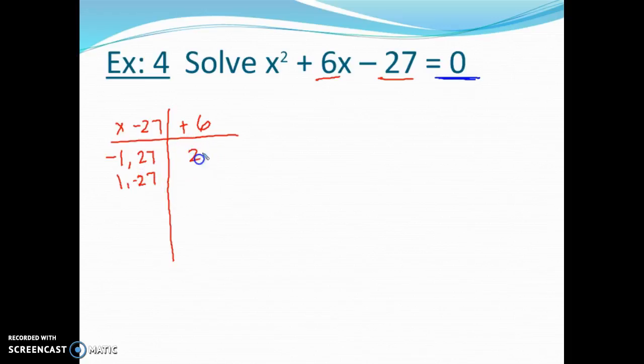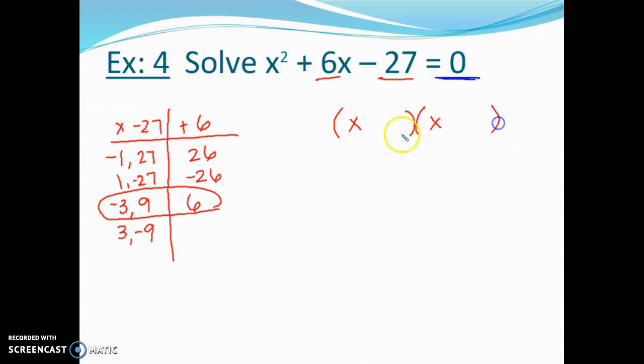So that's going to give me a 26 and a negative 26. Neither one of those works. 2 doesn't go into 27, so we go to 3. So I've got negative 3 and positive 9, or 3 and negative 9. Negative 3, positive 9 gives me 6, and that's the one that I want. So I'm going to say parentheses with x in the front and a -3, +9.